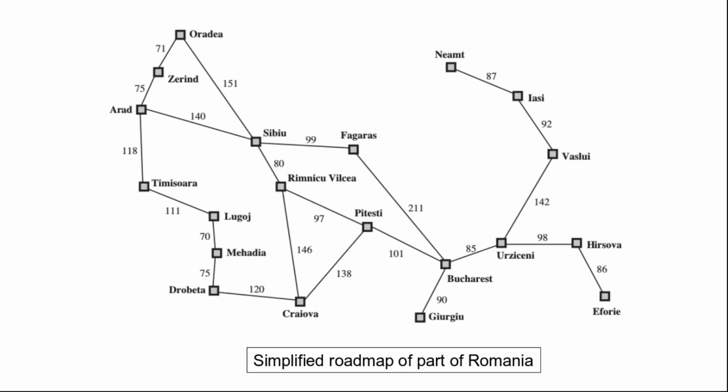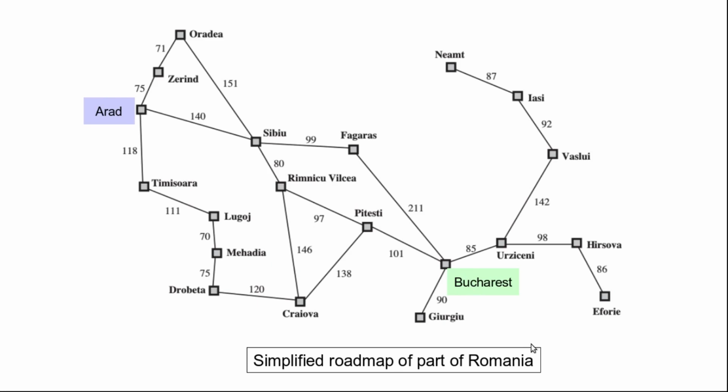The first example that we will take is finding a route given a map. So here we have a simplified road map of a part of Romania, and let's say that currently we are in Arad and our destination is Bucharest. So we now need to find a route from Arad to Bucharest, and it's the problem of route finding.